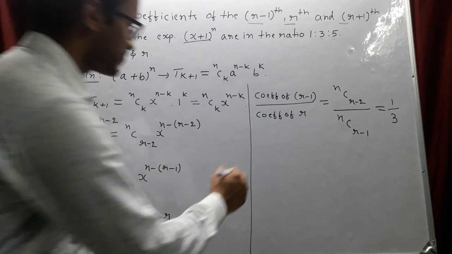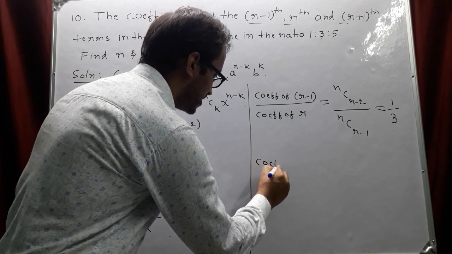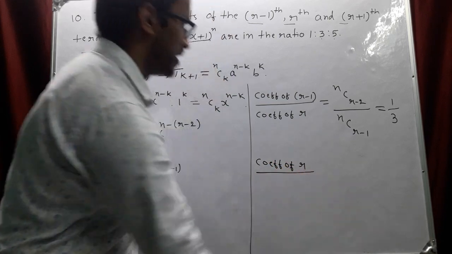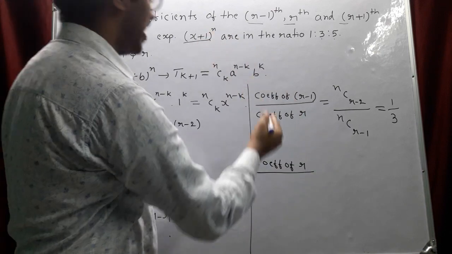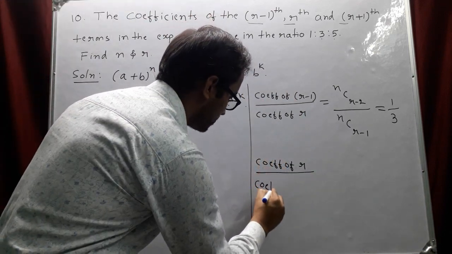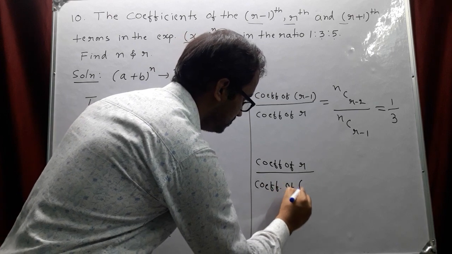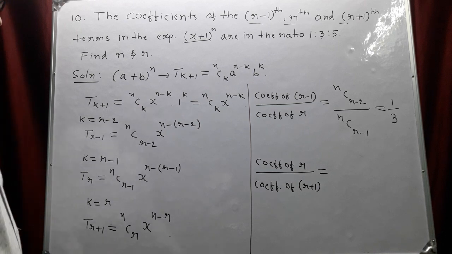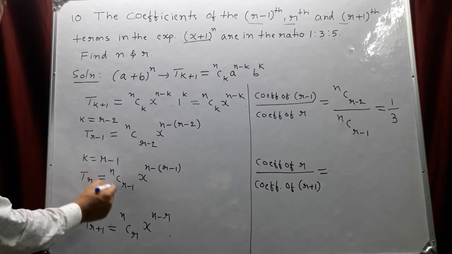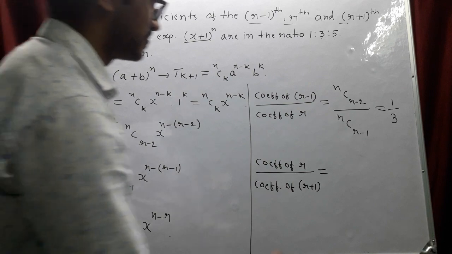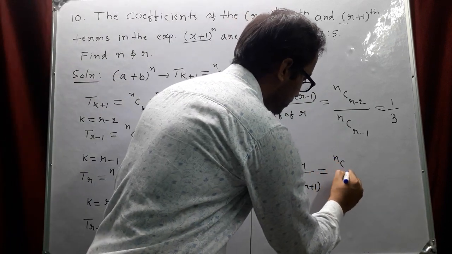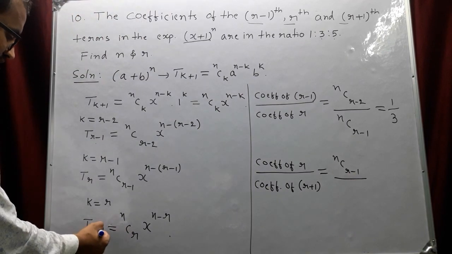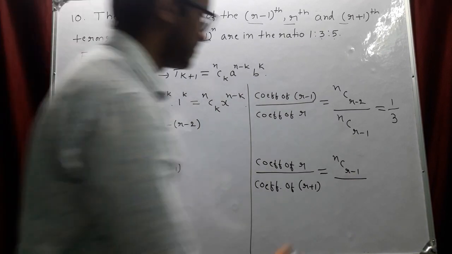Similarly, if you consider the coefficient of the rth term by the coefficient of the (r+1)th term, the coefficient of the rth term is nC(r−1) by the coefficient of the (r+1)th term, that is nCr.